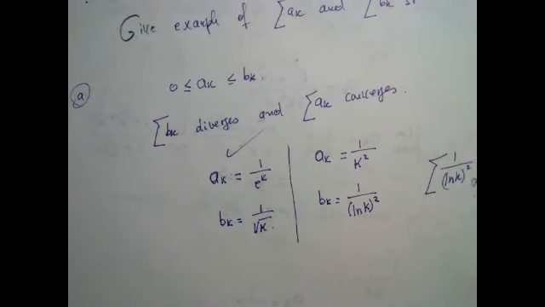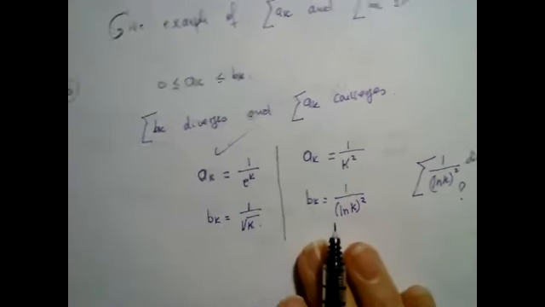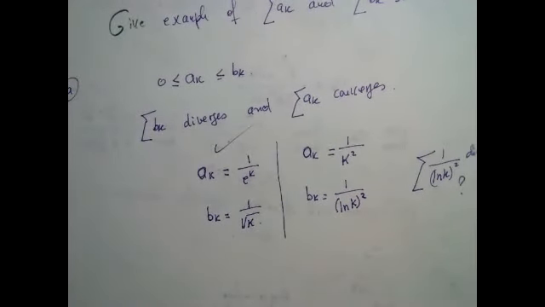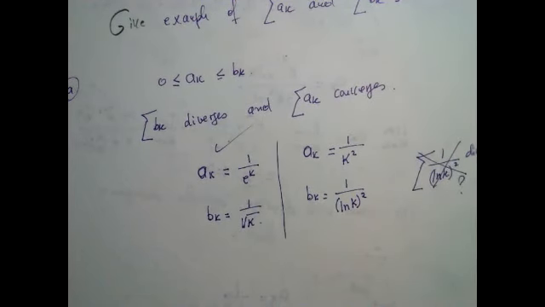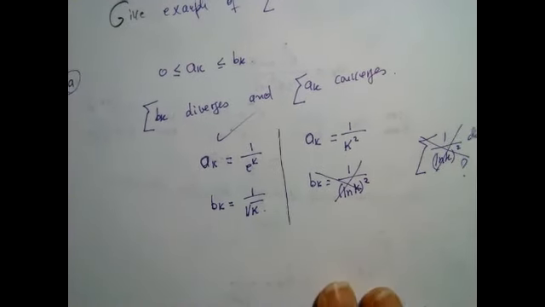We showed sigma 1 over ln of k diverges. Why does sigma 1 over ln of k squared diverge? I don't know. Yeah, I know what you mean. This is hard, and I don't think it's correct also. So I'm going to scratch this.